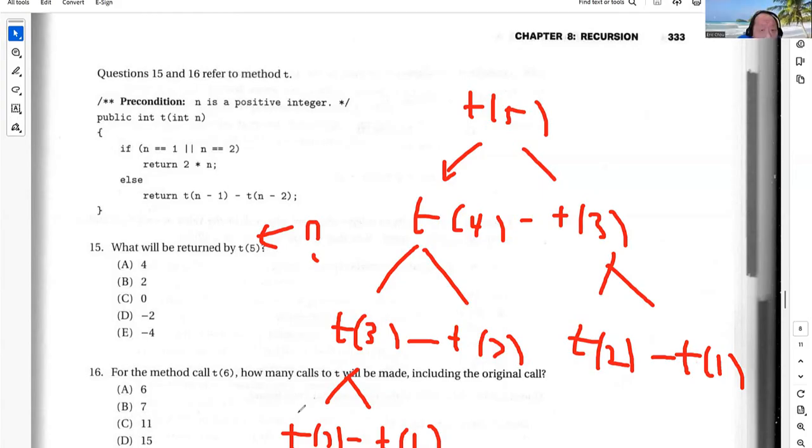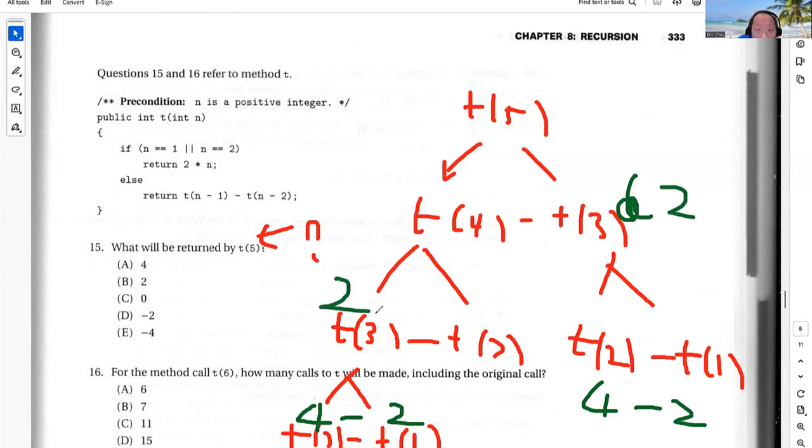So this one is 2 times 2. This is 4 minus 2. So this one is actually 2. So this is 2 minus 4. This one is negative 2. So this one is negative 2 minus 2. Actually, you got minus 4.